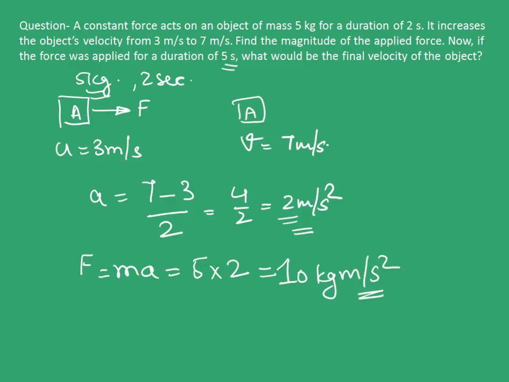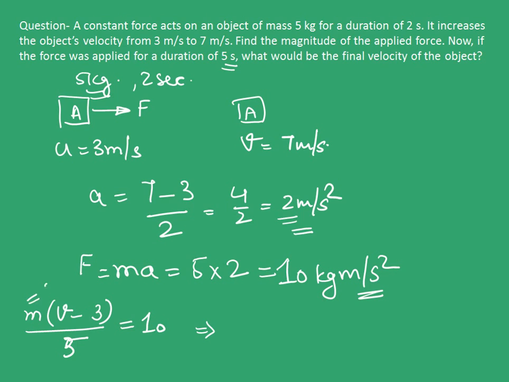Having found out the force, we have been asked to calculate the velocity if this force was applied for 5 seconds instead of 2 seconds. So from the second law, we know that mass into the final velocity v minus the initial velocity 3, upon the time taken, that is 5 seconds, equals the force applied, which is 10.